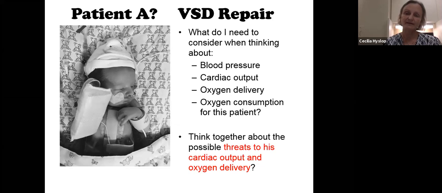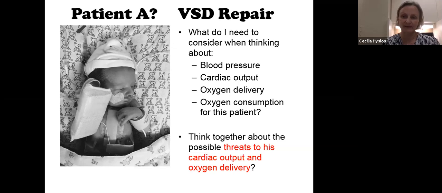So coming back to these two, our patient A, our VSD, remember that's a fairly simple, straightforward repair, but what do I need to consider in relation to the blood pressure, cardiac output, oxygen delivery, and oxygen consumption for this patient? What are all the threats to this patient?